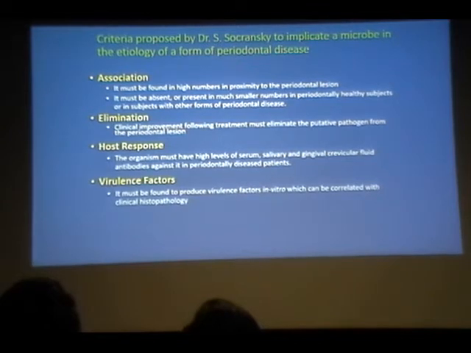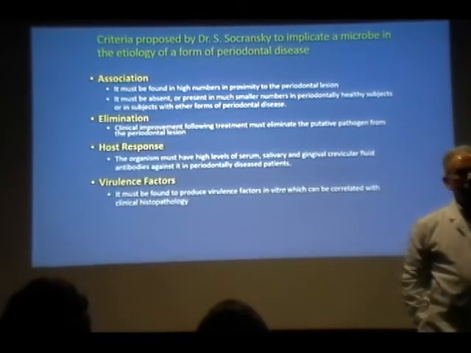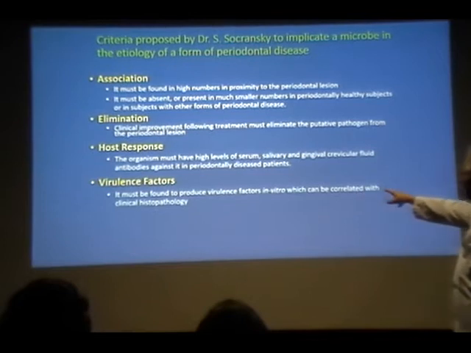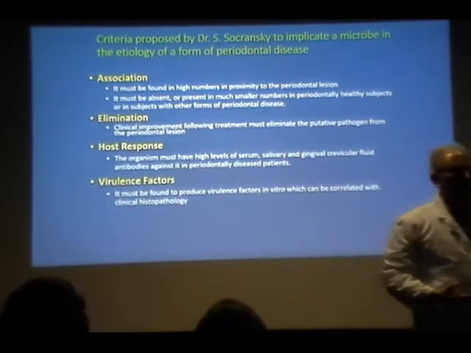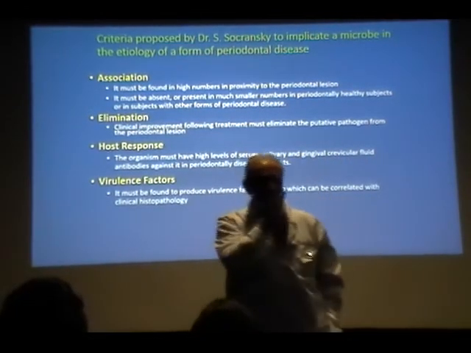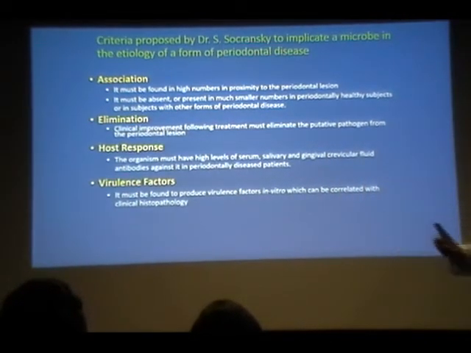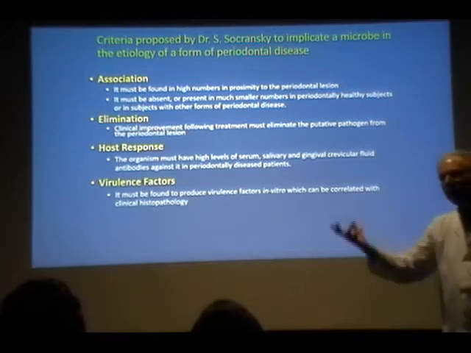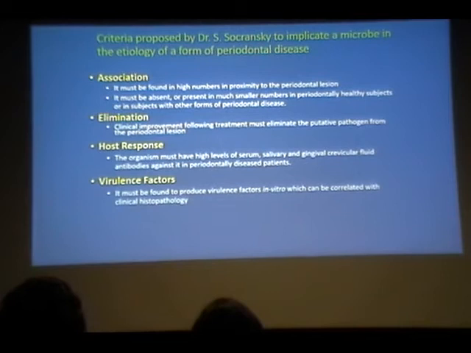Virulence factors. So you want to be able to isolate the organism and dissect out its virulence factors. Okay? So it must be found to produce virulence factors in vitro, which can be correlated with clinical histopathology. What that says is, organism X, bacteria X, you isolate it. Now, histopathologically, what do you see? Well, you're seeing collagen fibers break down. You're seeing elastin break down. You're seeing a lot of ground substance in the periodontium break down.